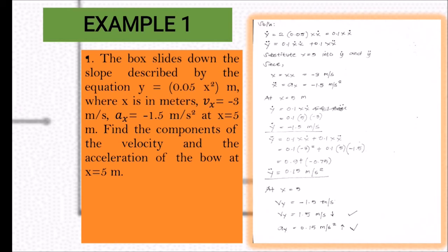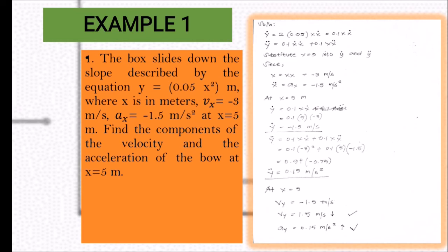Since the first derivative of x is equal to negative 3 meter per second and the second derivative of x is equal to negative 1.5 meter per second squared, so at x is equal to 5 meter, we'll find the value of our first derivative of y and second derivative of y.